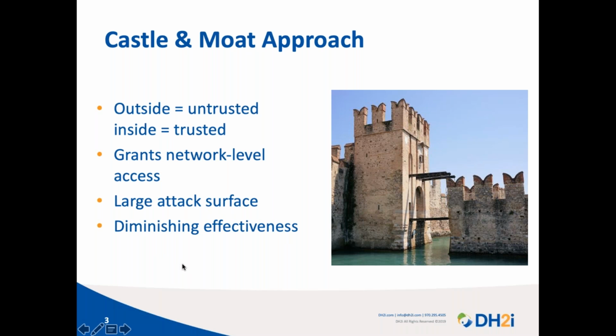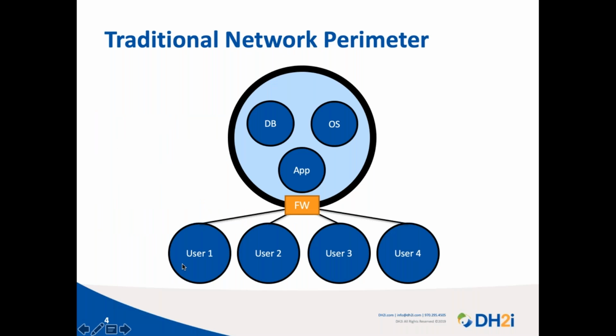But first, let's take a look at a visual representation of this standard legacy approach to network security. This bold black circle up above here represents the network perimeter, or in our analogy, your moat. Within the moat are the organizational resources.